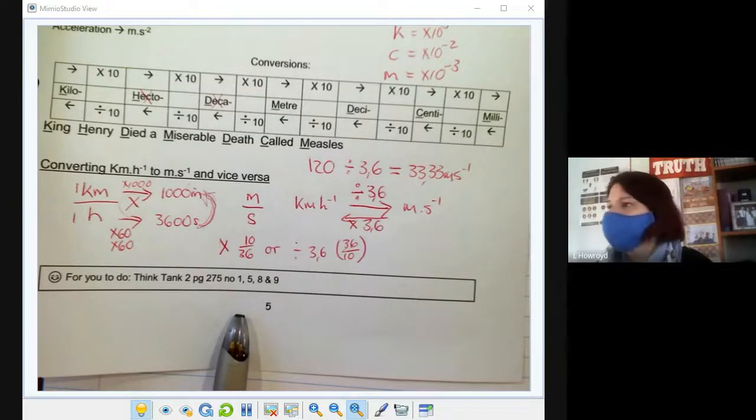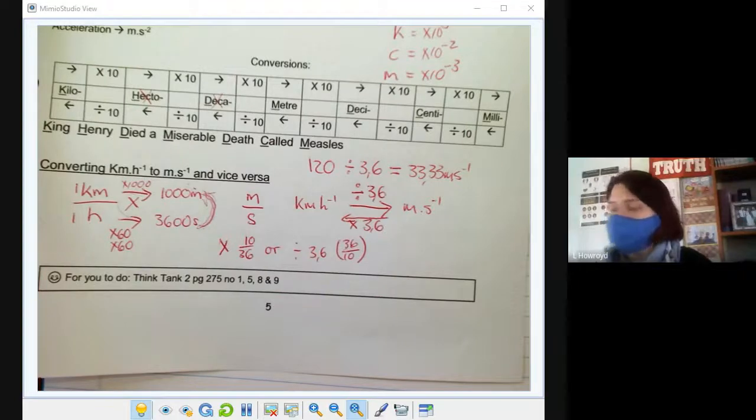I don't want you to tell me at the end of the year or next year you have no idea how to convert. This is something you should be able to do quite well. Right, so number 1, 5, 8, and 9, we can do it now. We can mark it at the end of the period. We've still got more than half an hour left. While you're doing that, please stay online.